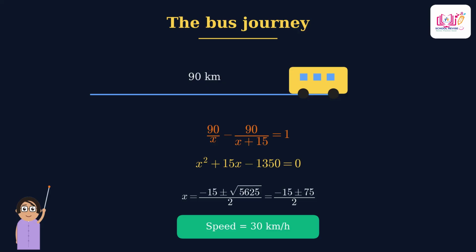Under the root, 5625, whose square root is a clean 75. So x is (minus 15 plus or minus 75) over 2, 30 or minus 45. A bus can't go minus 45, so the speed was 30 kilometers an hour.